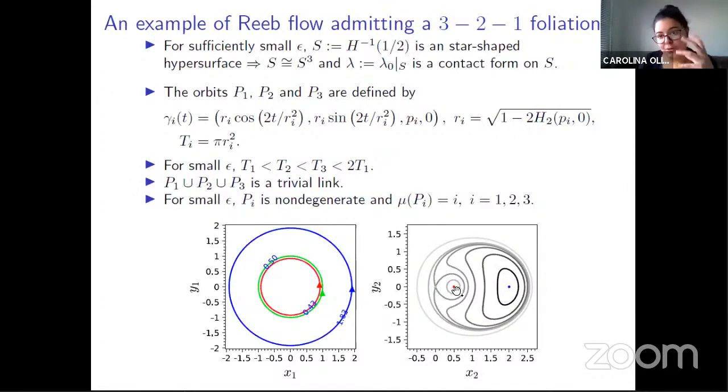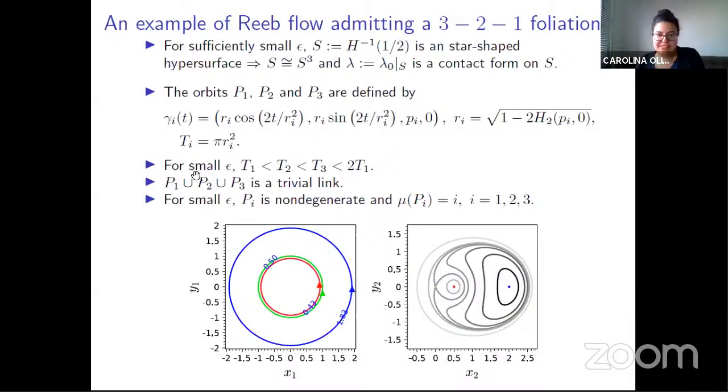These will be the only orbits that, when you project to the X2, Y2 plane, project exactly onto these critical points. So when you look in the X1, Y1 plane, they will look like this. Their period will be given by pi r squared, where r is the radius of these orbits.